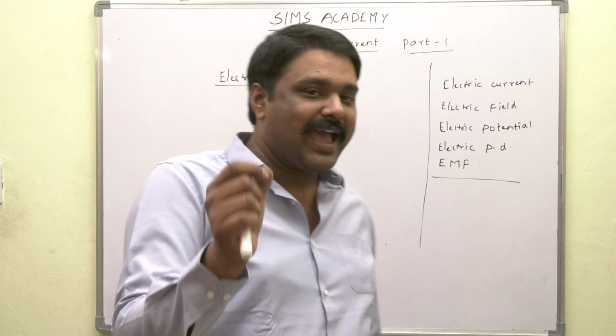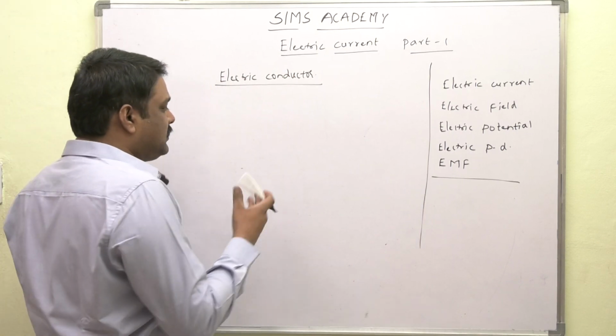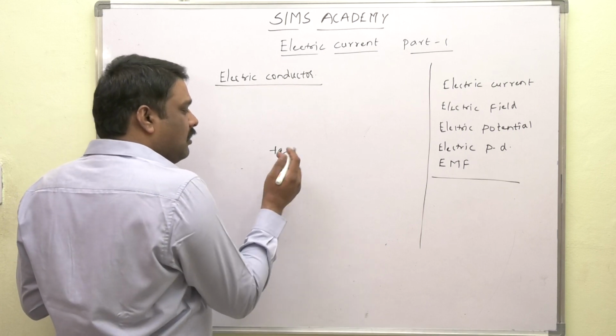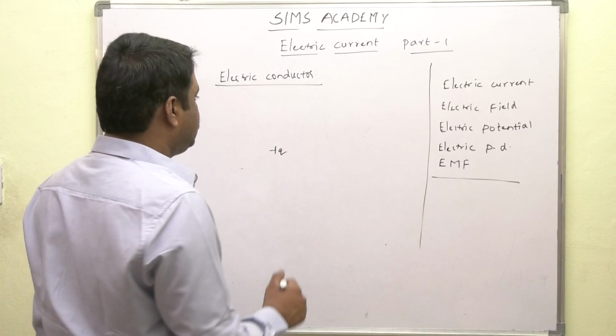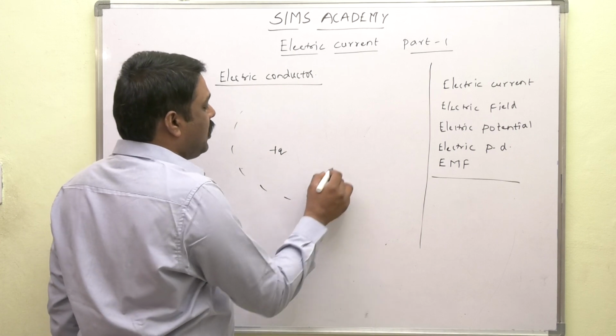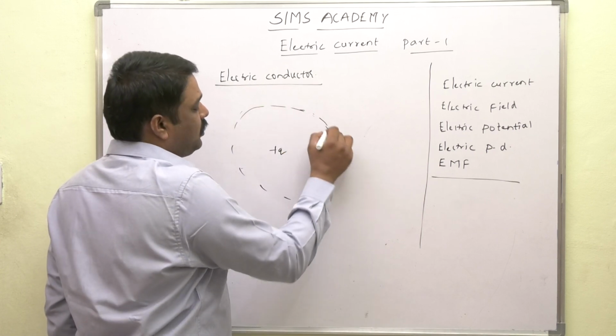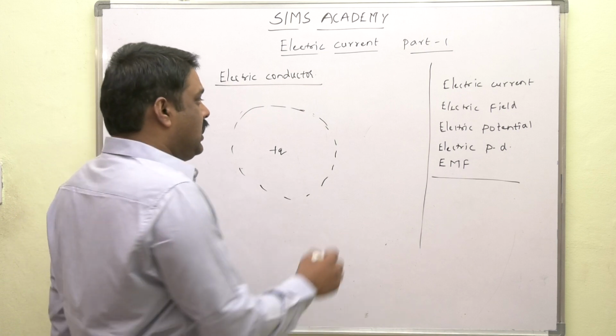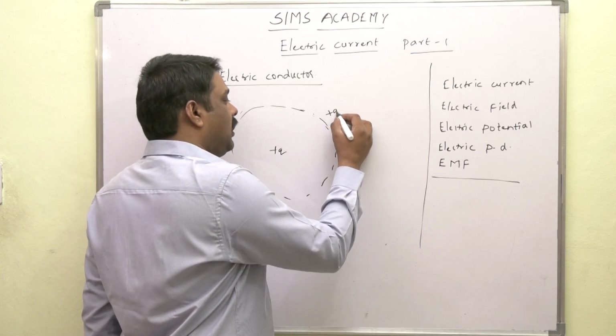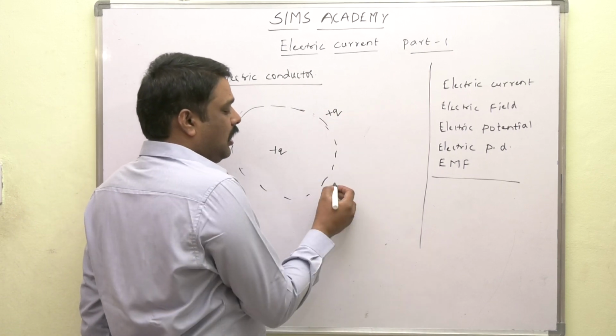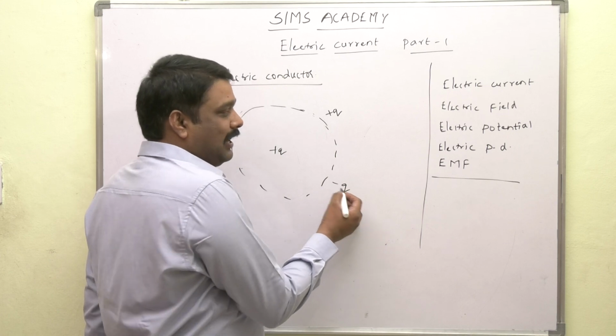In a similar fashion, let us consider a positive charge. Around this positive charge, up to some region or space, it can either repel the like charge or attract the unlike charge.